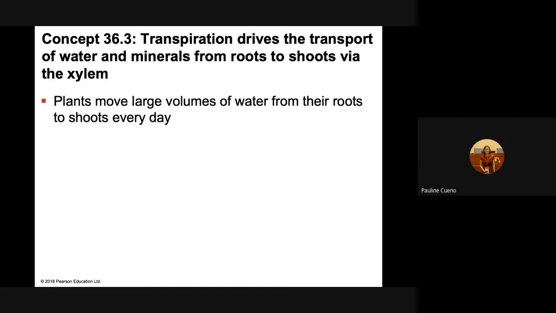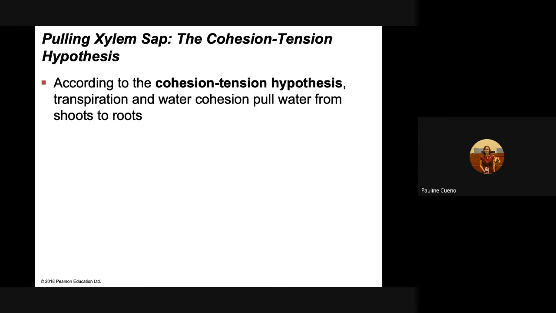And then, we also have transpiration. For long distance transport, how does water go up to the shoot system? Plants move large volumes of water from their roots to shoots every day. According to the cohesion-tension hypothesis, transpiration and water cohesion pull water from the roots to the shoots.